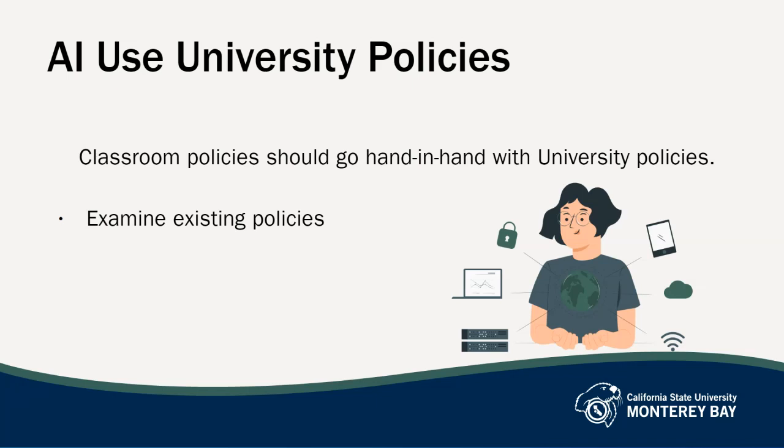You will also find examples of university-wide AI policies in the resources for this module below this video. Refer to your institutional resources like your academic senate and academic integrity personnel, and to the participatory governance process to seek opportunities to collaboratively drive a university-wide AI policy where appropriate.